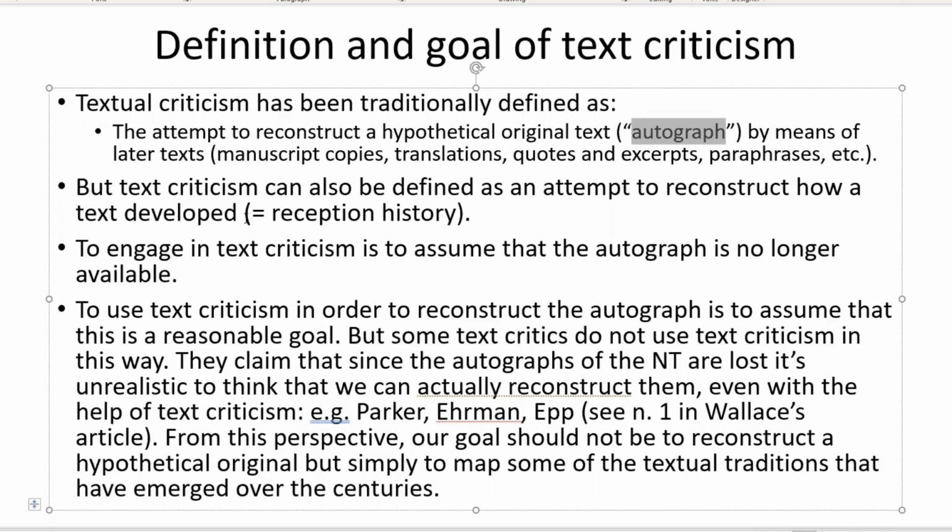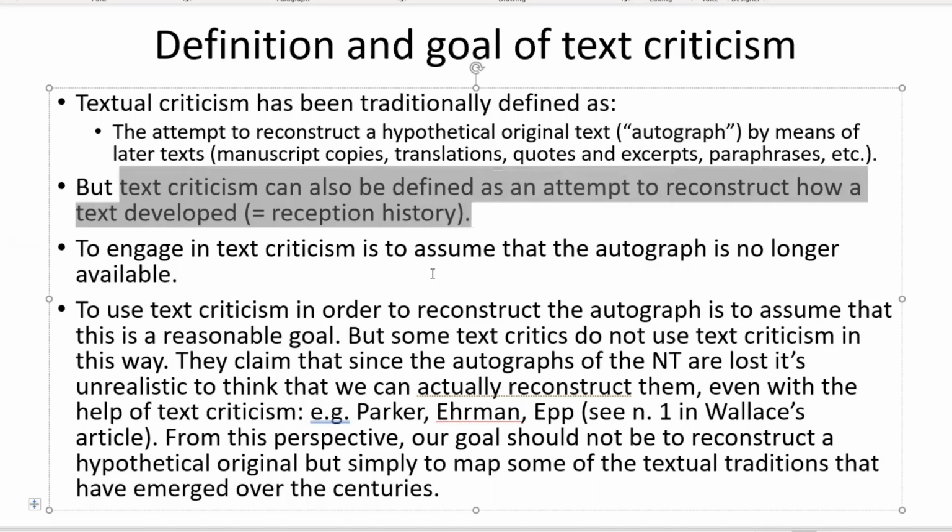But text criticism can also be defined as an attempt to reconstruct how the text has developed over the years. And this fits in more with what's known as reception history. Reception history is the attempt to keep track of how a particular text, or sometimes a book, was received in different parts of the world over the years.